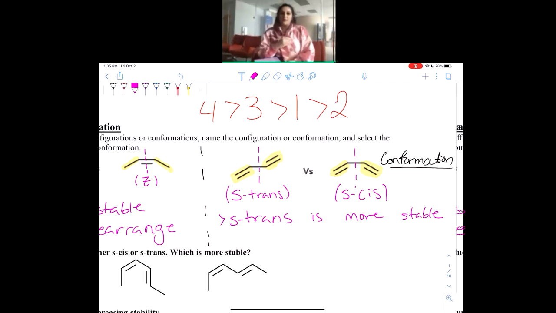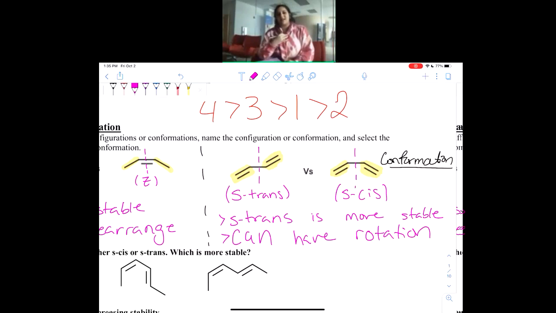So the further the two groups are from one another, the more space they have, the happier they are, the more stable they are. The difference here is that you actually can go from cis to trans because you have rotation. So you can flip between S-cis and S-trans.